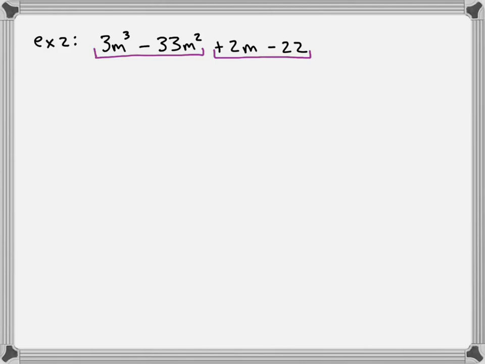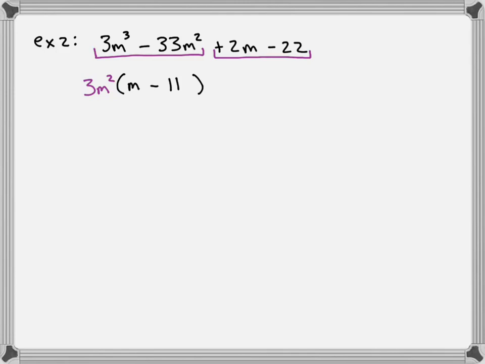Looking at that first set, 3m cubed minus 33m squared, we have a common factor of 3m squared that we can factor out of both of those terms, just like we did in previous assignments. That's going to leave us with an m minus 11.